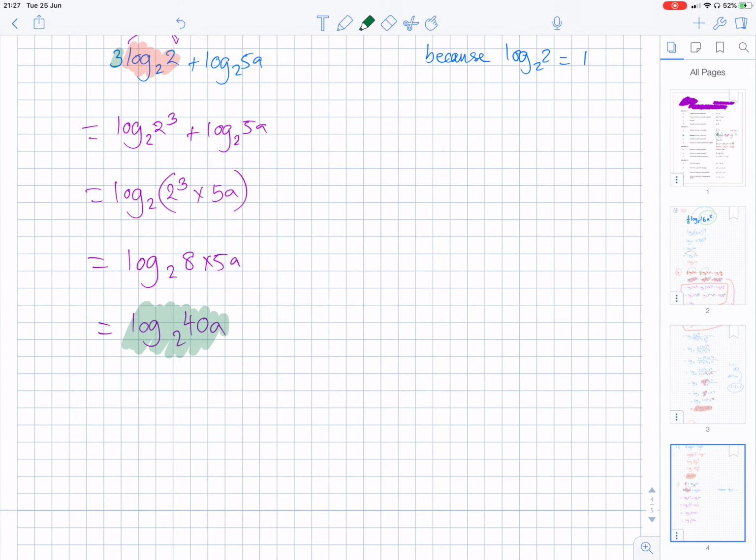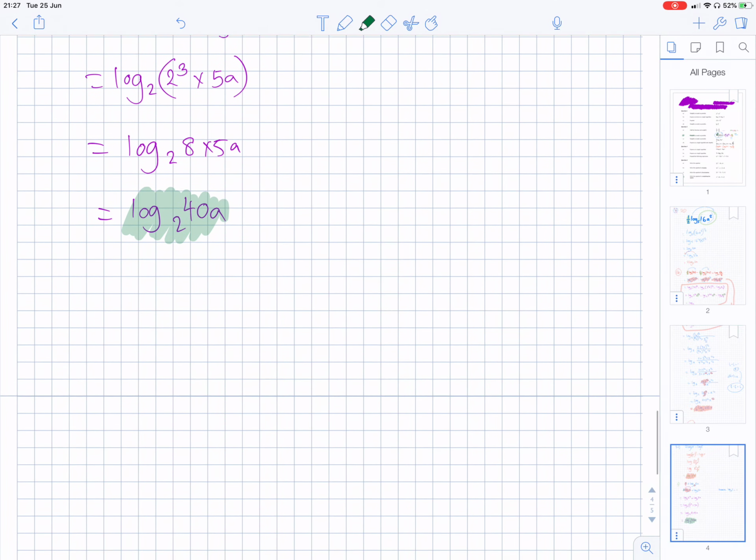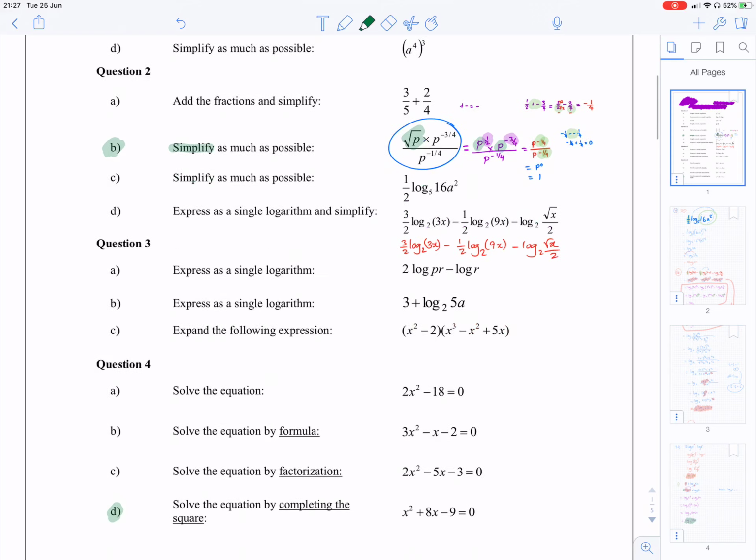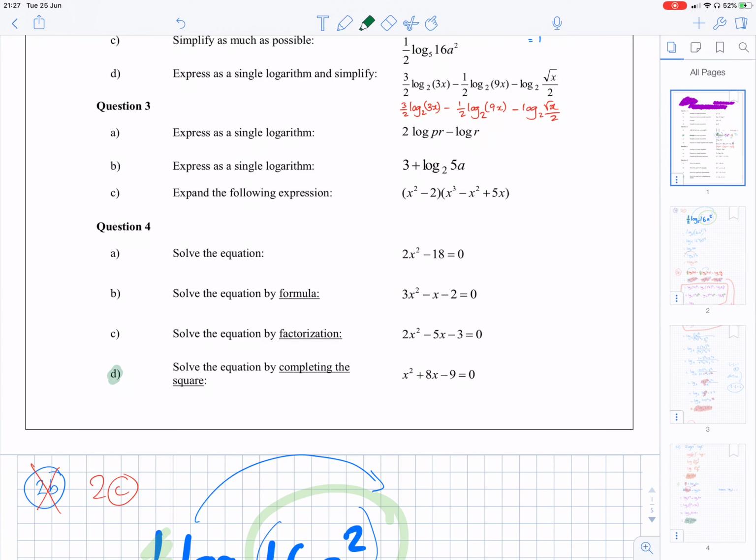And that's done. The next question is this one here. I'm going to have to write this. This is: expand the following expression. x squared minus 2 brackets x cubed minus x squared plus 5x.